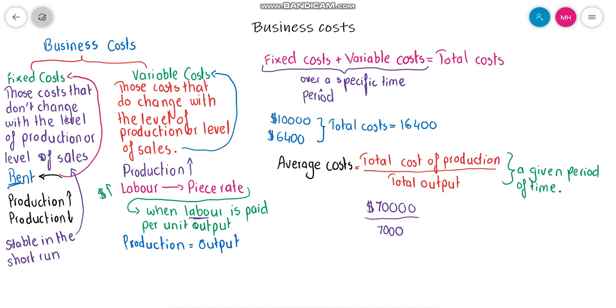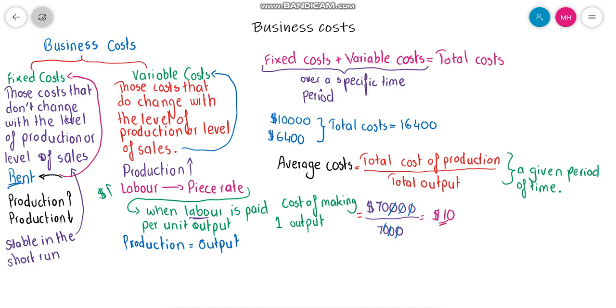Average cost can also be worded as the cost of making one output, in this case one pair of shoes. So you do some quick math, these zeros get cancelled out, and 70 divided by 7 is 10. So the cost of making one pair of shoes was $10.